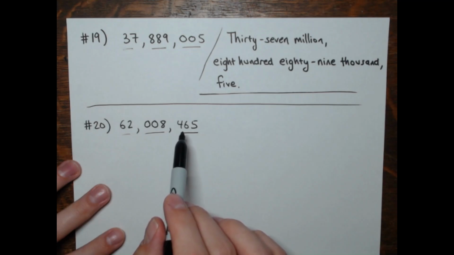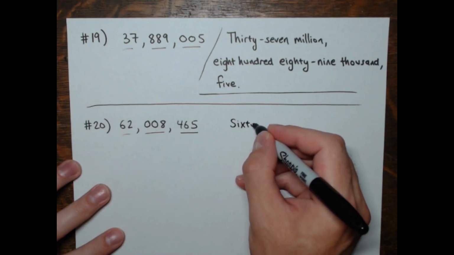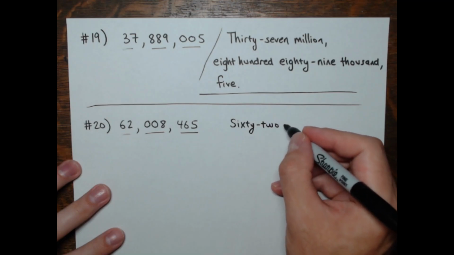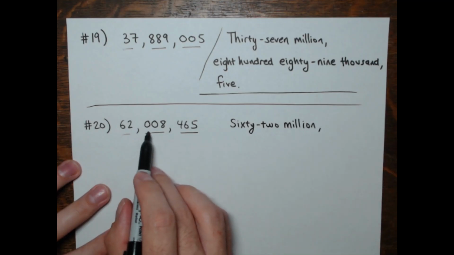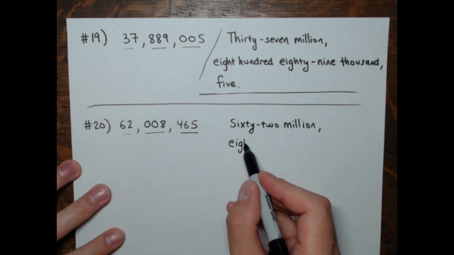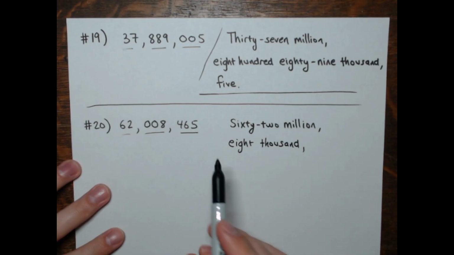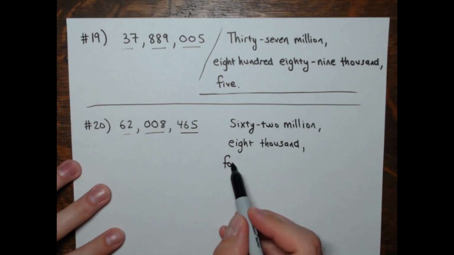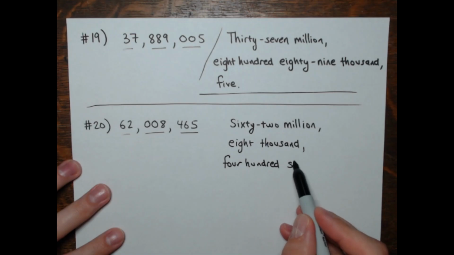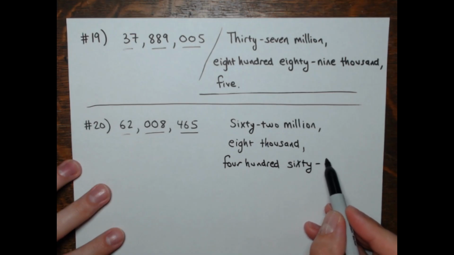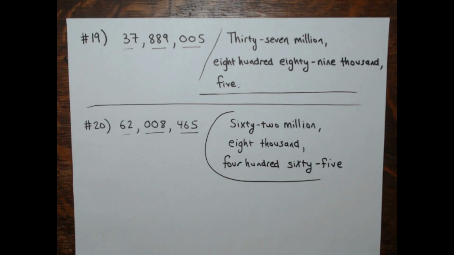And then the ones you have 465. So this is 62 million, comma, 8,000, comma, 465. We have it. And then that number written in words.